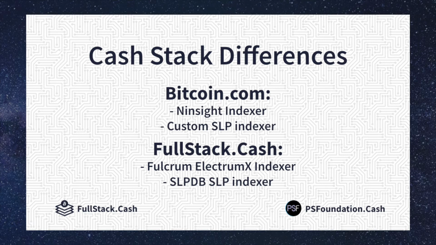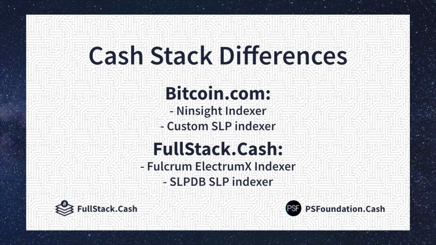And we're going to be looking into that going forward. We'll be running both. We won't be giving up SLPDB because right now it's open source, it's mature, it handles well in a production environment with millions of requests a day. And so we'll continue to use that, but we're also going to be paying close attention to the BCHD indexer as well. So these are some of the caveats.